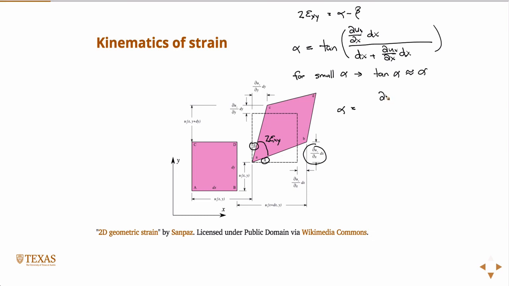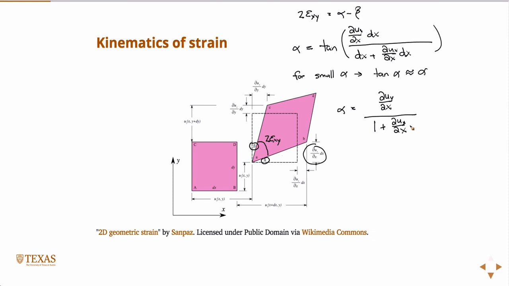What's inside there is just partial uy partial x over 1 plus partial ux partial x. All I did was simplify the numerator, and then I said, okay, for small alpha, the tangent of alpha is alpha. So alpha is equal to this.